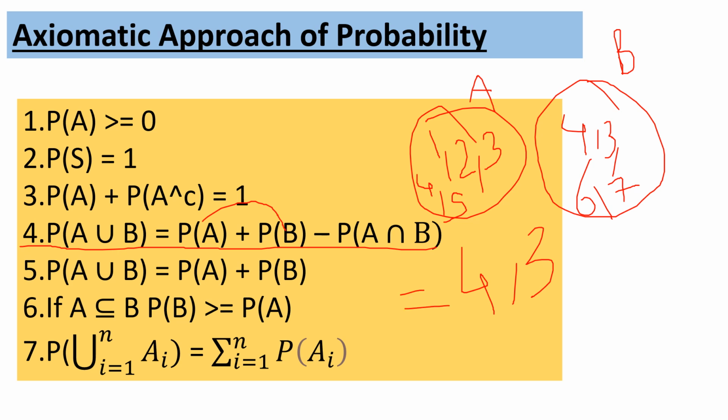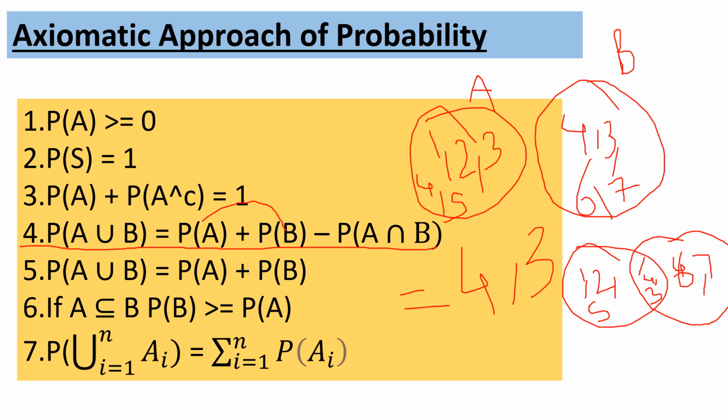So if we take their intersection, what do we get? This is A and this is B. This intersection part contains the points 4 and 3. And A alone contains 1, 2 and 5. And this B event alone contains 6 and 7.